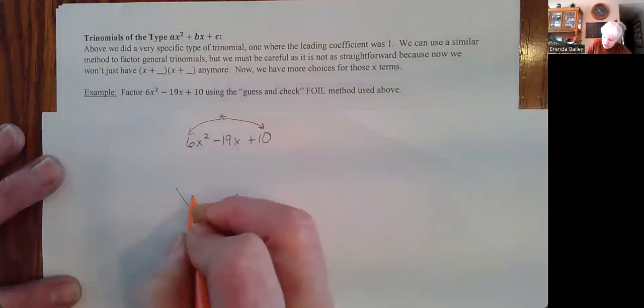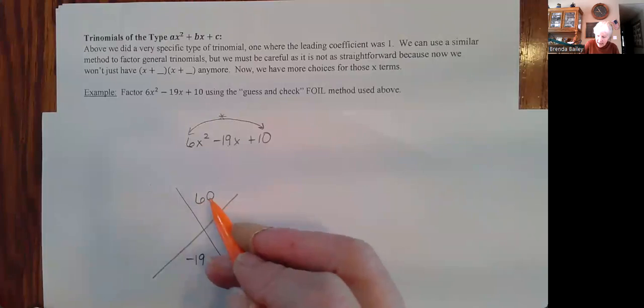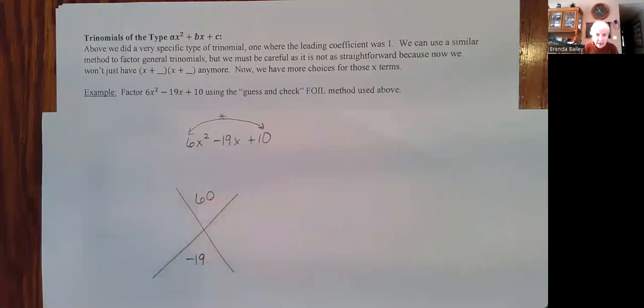And that's what goes here, 60. And then what goes below is the middle term. So what you're going to do is find combinations multiplied together that give you 60 and added together give you negative 19.